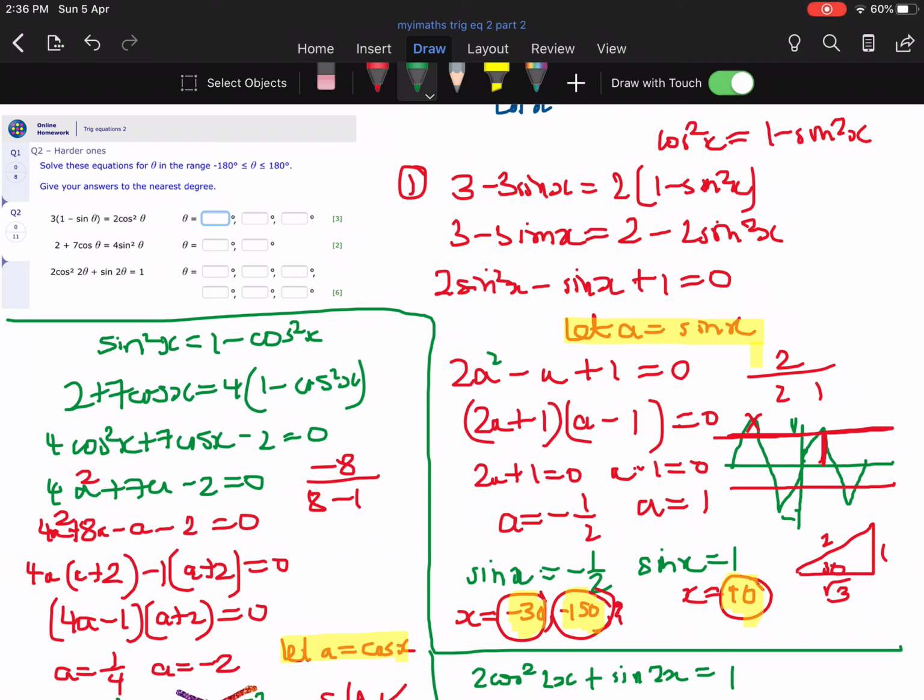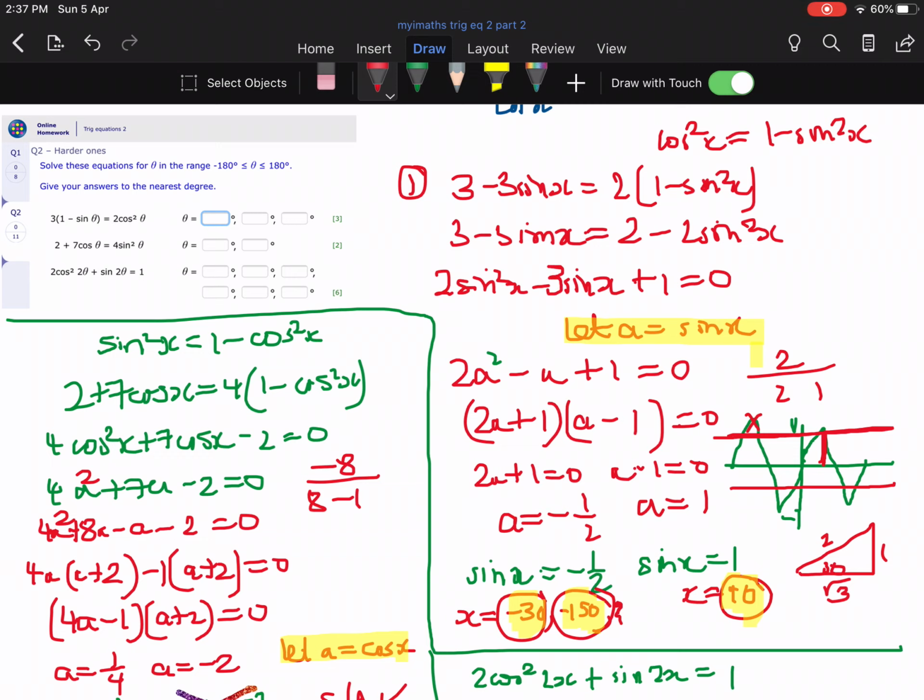I feel like my answers are right, but I've made a sign mistake. Oh, that's it. I see, I've missed out the 3. My handwriting's so bad. It's minus 3.